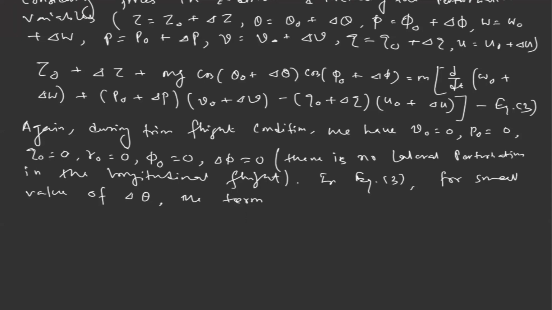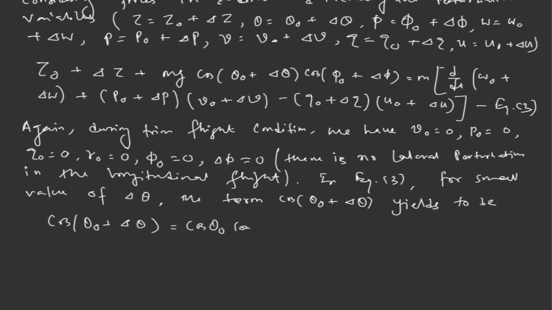So for the small value of del theta, the term cos(theta naught plus del theta) we can write as cos theta naught cos del theta minus sin theta naught sin del theta.